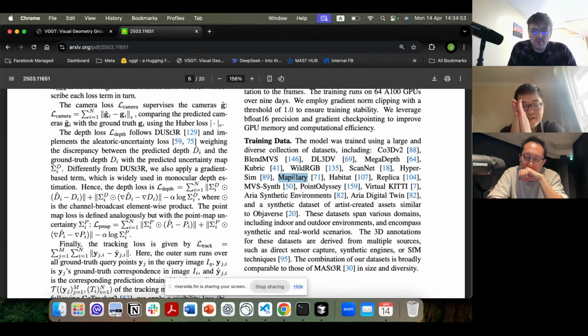Synthetic data is really good, and if we increase the proportion of synthetic data in our whole training data, it will increase the final prediction quality, like the smoothness of the depth map or the completeness of the depth maps. It is really good. But the problem is that although we have used a lot of synthetic data sets, they are not diverse enough.